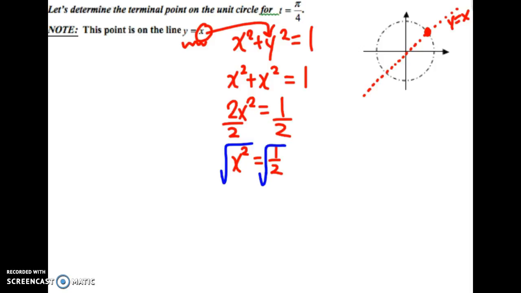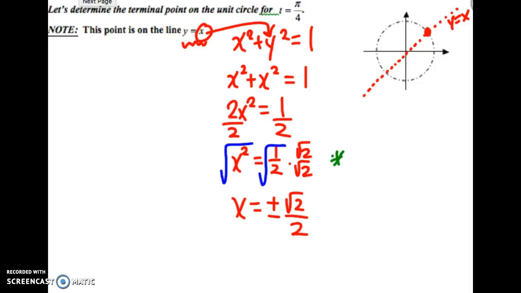Okay, when I do that, and again, I'm going to have to rationalize at the same time. So when I do this, I'm going to multiply top and bottom by square root of 2 over square root of 2 to cancel that square root of 2 in the bottom. And I end up with x equals plus or minus square root of 2 over 2. Okay, now I have to think, where's my terminal point located? It is located in the first quadrant.